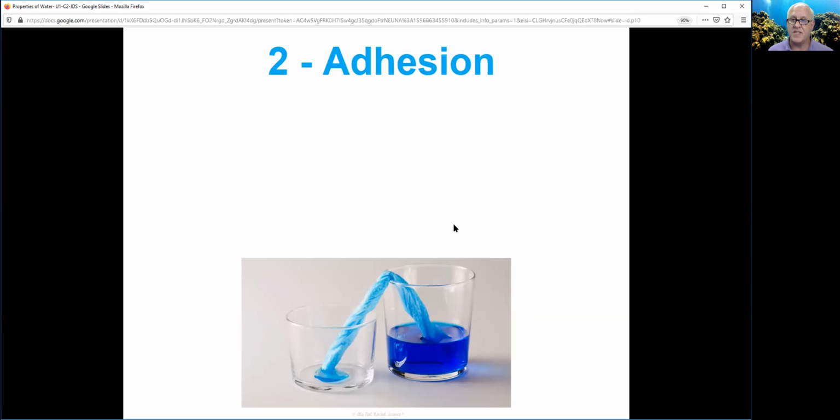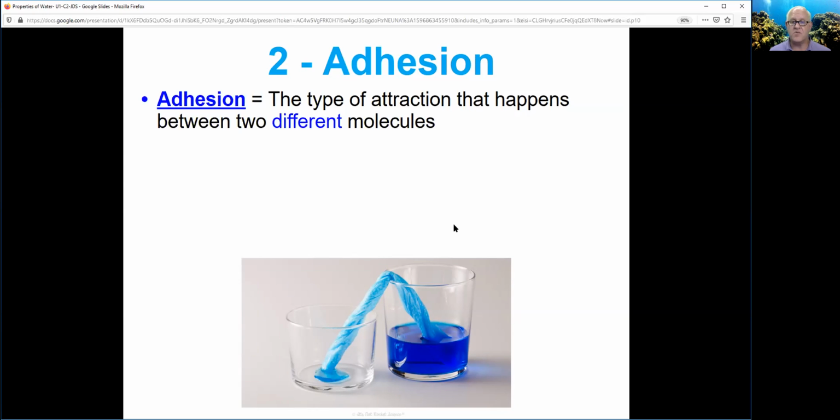Let's talk about adhesion. Adhesion is the type of attraction that happens between two different kinds of molecules. So adhesion is the different molecules, water attracted to glass or soil or plant tissue or cotton. If you've ever driven in a car while it's raining and you're looking out the window, you can see those little water droplets on the window hanging onto that glass as the car is moving along.